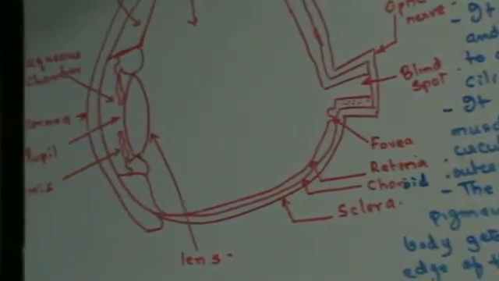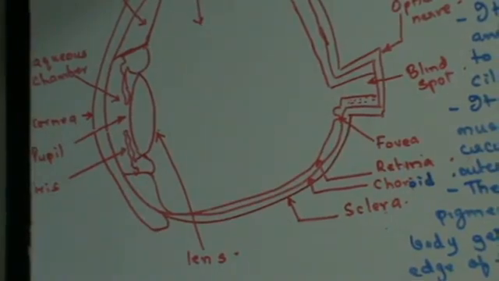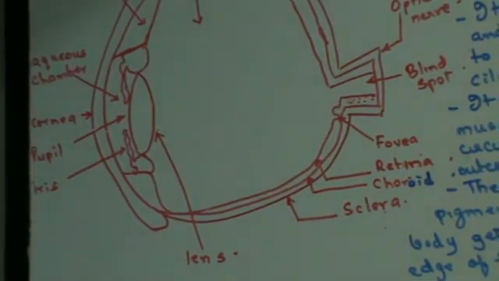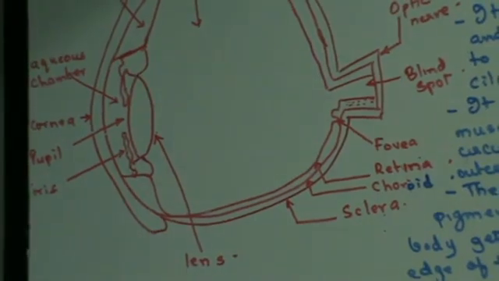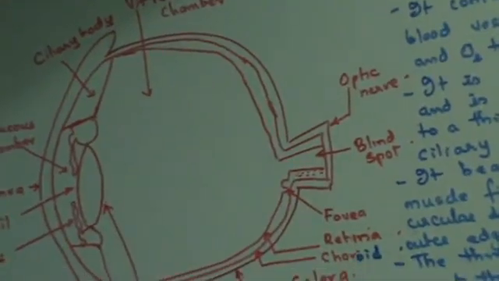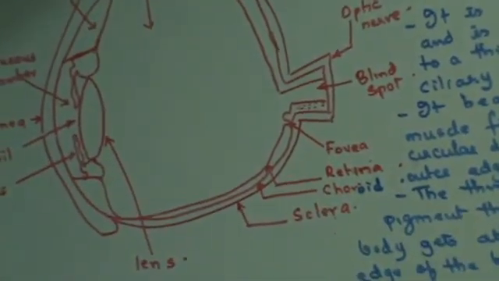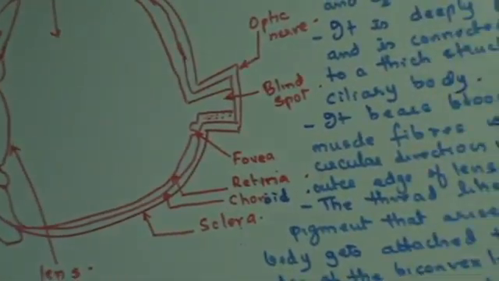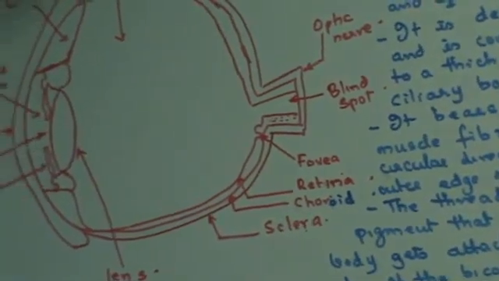Light falls on the cornea, gets refracted in the anterior chamber, gets refracted through the lens, gets refracted through the posterior chamber, that's your vitreous chamber, and falls onto the yellow spot, gets processed by the retina on the yellow spot, and is then sent as an impulse to the brain.